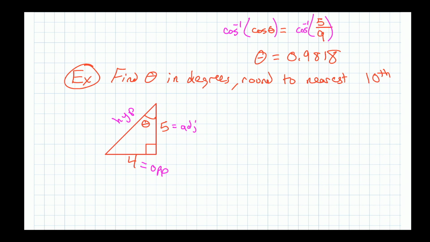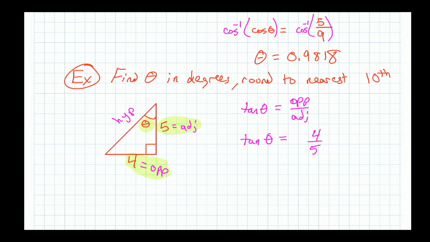So we have the adjacent side and the opposite side and the theta. So what trig function relates adjacent and opposite? It's the tangent. So we write tangent theta is opposite over adjacent. So tangent theta, which we don't know, is opposite over adjacent, 4 over 5.